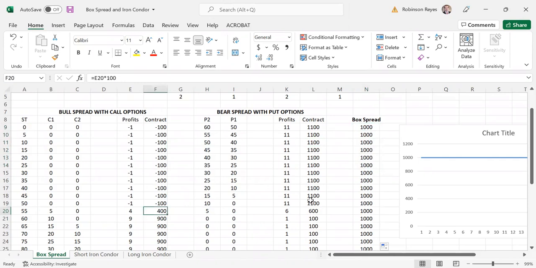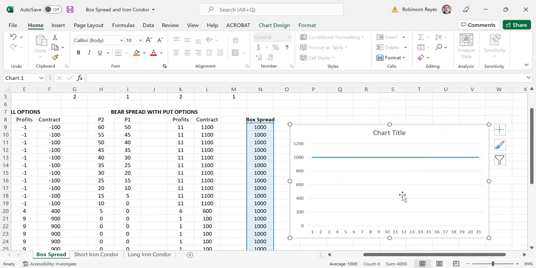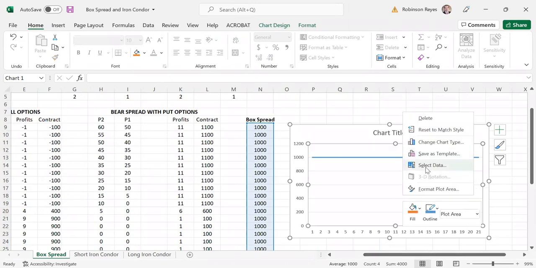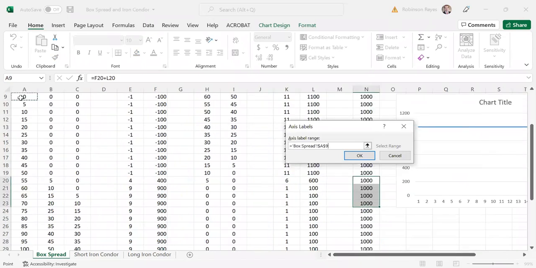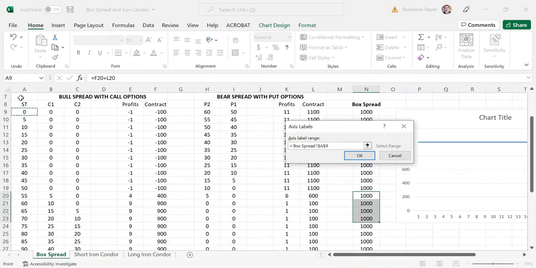If you have 400 here, then you have 600 here, so you end up with 1000. And if you have 900 here, then you have 100 here. So long story short, you always end up with 1000. So when we plot this, let me add the value, select data, the prices of the stocks that we are considering here.